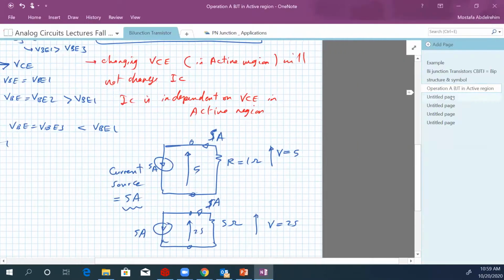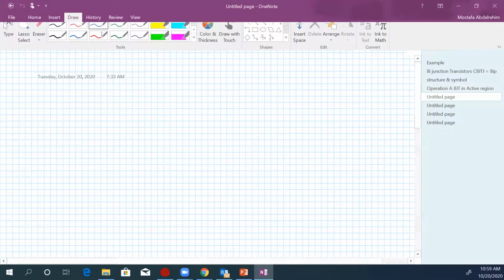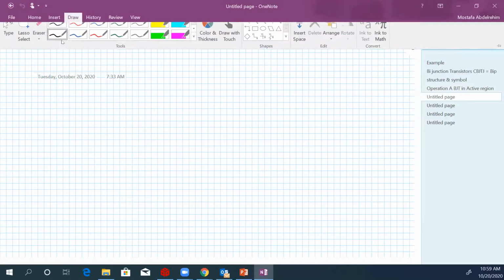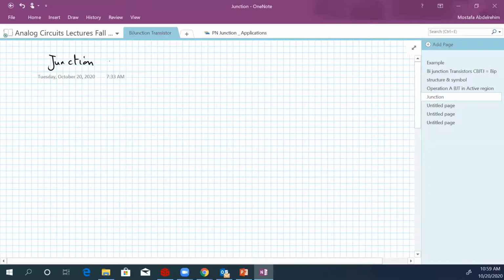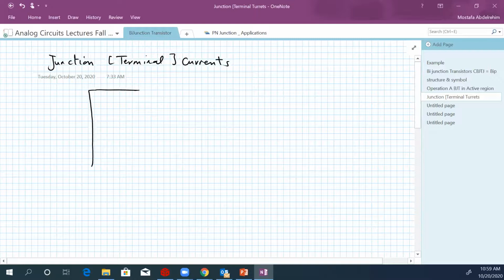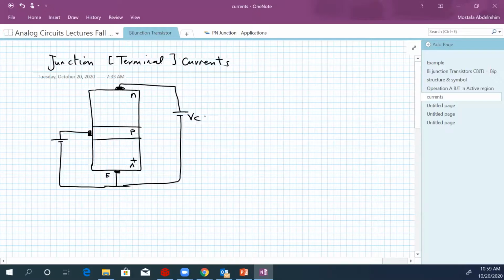Let's now go to another topic, which is the junction currents or terminal currents. Let's draw the structure again. This is the emitter, this is the collector, and this is the base, and this is VCE. So we said that this junction is forward, so most of the current flowing through the junction actually comes from the emitter.